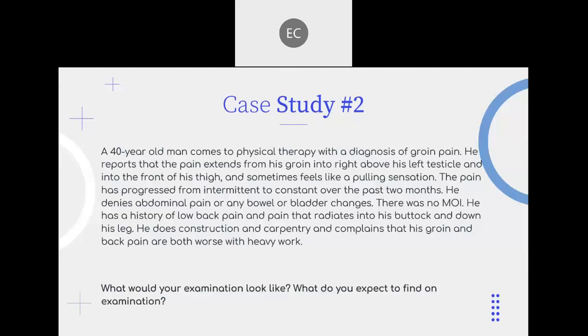Lumbar range of motion, straight leg raise, palpation, muscle length, okay? Any other examination techniques or tests you might do? Maybe pelvic floor.